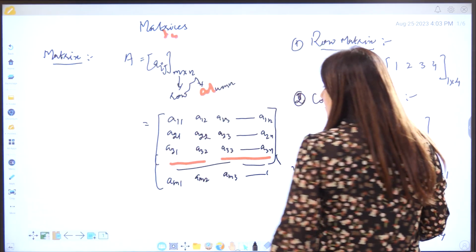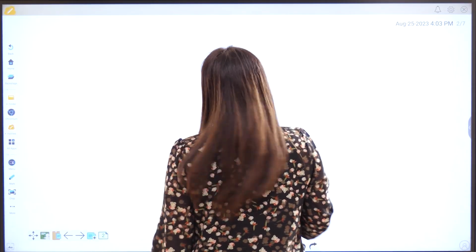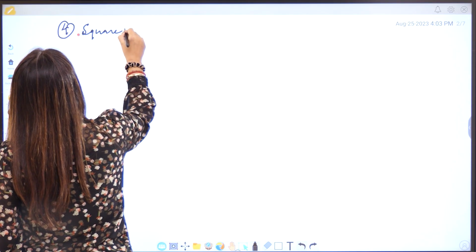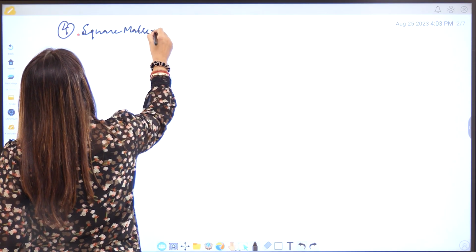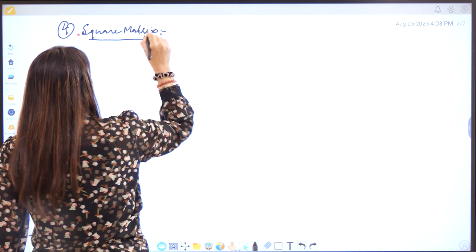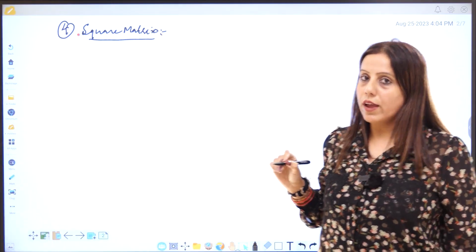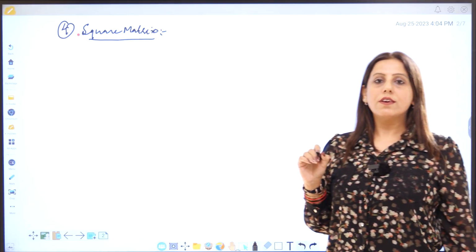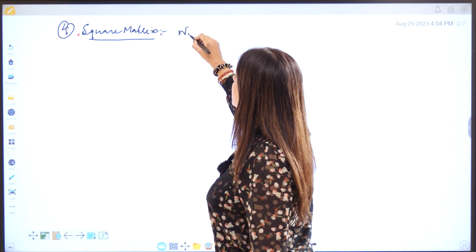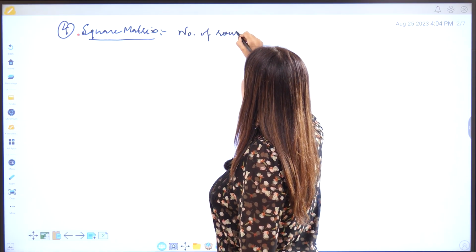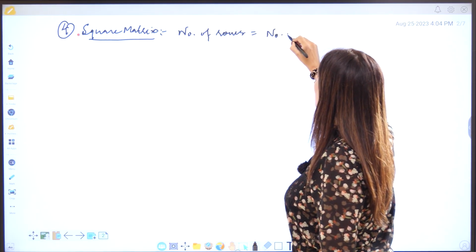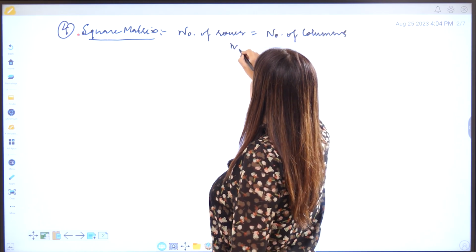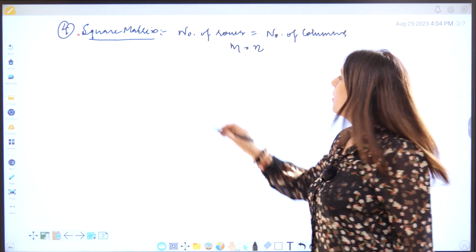And the fourth one is the square matrix. What is a square matrix? Opposite of the rectangular matrix, a square matrix is one in which the number of rows is equal to the number of columns, that is, m = n.